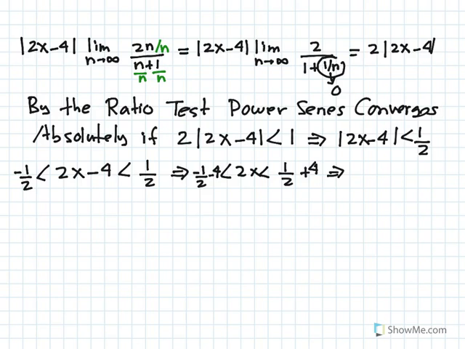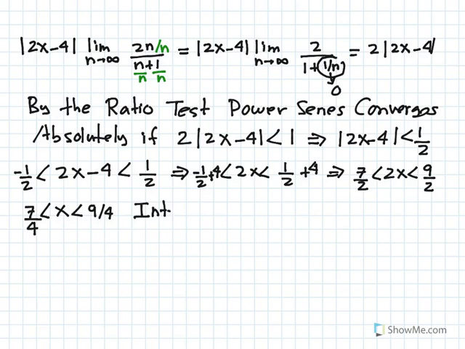Simplify this: 4 plus 1/2 is 9 over 2, and 4 minus 1/2 is 3.5, that's 7 over 2. Now divide every term by 2 and solve the inequality for x. We get x less than 9/4 and larger than 7/4. This is the interval of convergence.